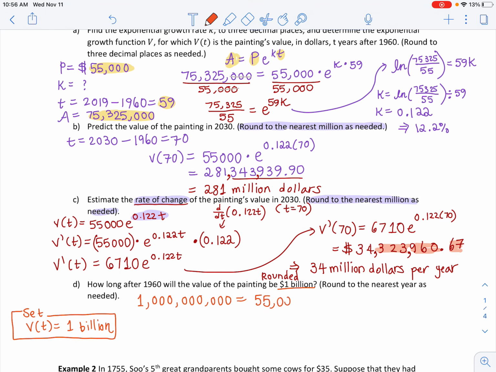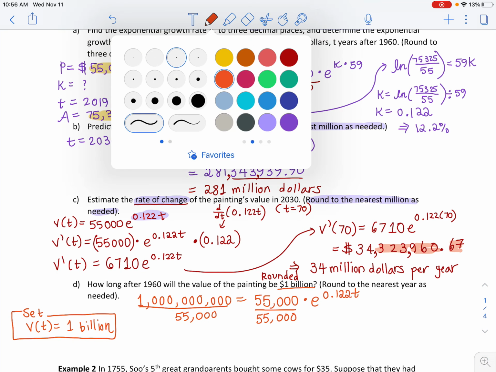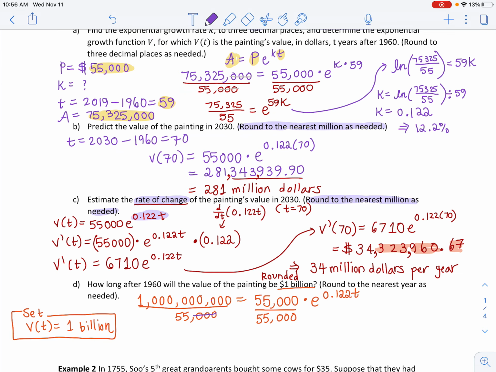So that's equal to 55,000 times e to the 0.122 times t. And t, leave it as t because we're trying to figure out what that is. Now divide both sides by 55,000. Let me see if my scientific calculator will simplify this fraction.